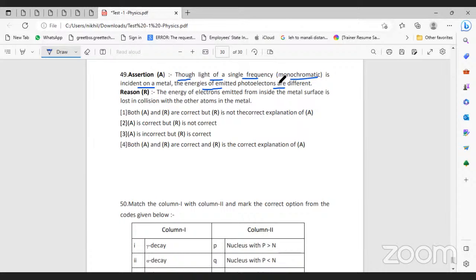If the second metal has a lower threshold frequency, the energy will be more. So for a single frequency incident on two different metals, the energy may not be the same. So definitely you can take the assertion as true. That is correct.